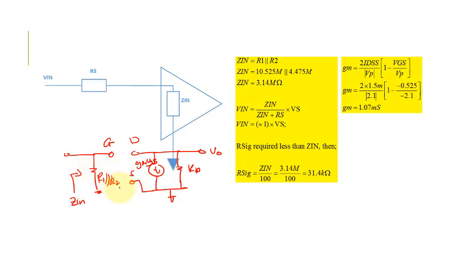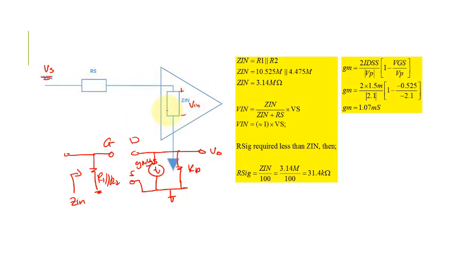So basically Z in is R1 in parallel with R2, so we have around 3.14 mega ohm. Then basically we want to determine the value of RS. Sorry, this one should be VS, and this one is our VIN.